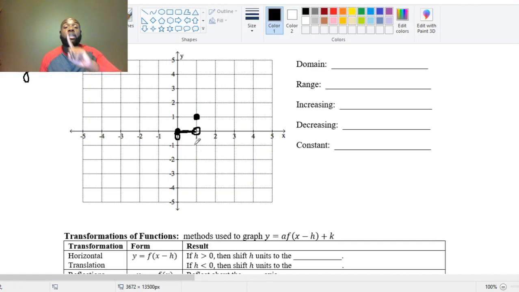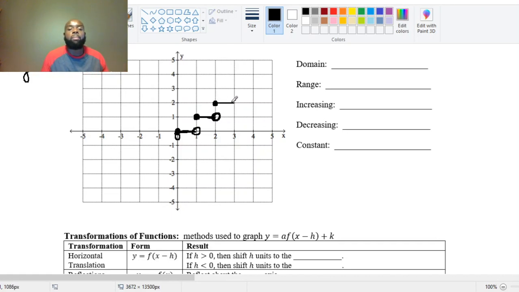So all of those points between 1 and 2 are going to have a y value of 1. So we get another constant line here. At 2, the largest integer less than or equal to 2 is 2. In order to make this a function, this is an open circle here.